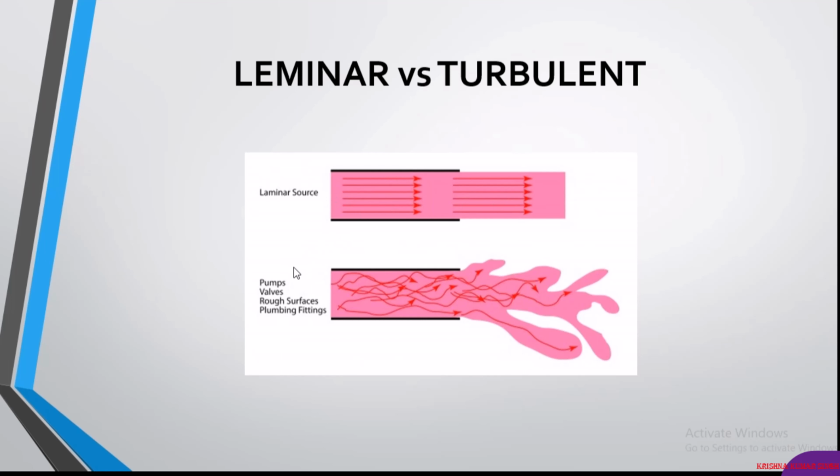The turbulent flow usually occurs inside pumps, valves, across rough surfaces, and along fittings. So, as a plumbing design engineer, it is our responsibility that there will be less turbulence in our plumbing system. Therefore, it is very important to understand laminar and turbulent flow.